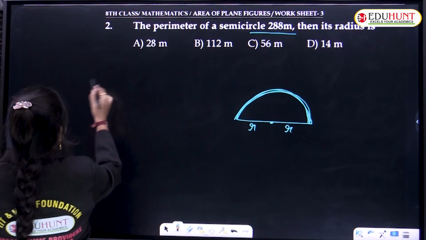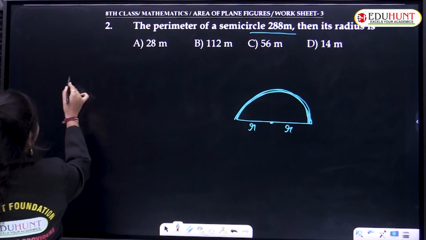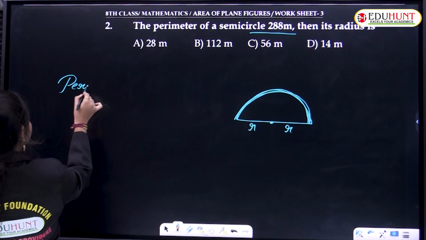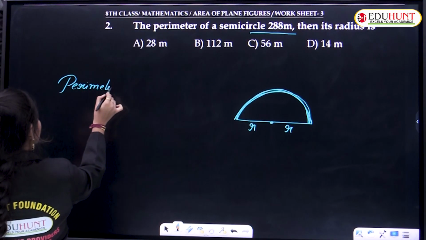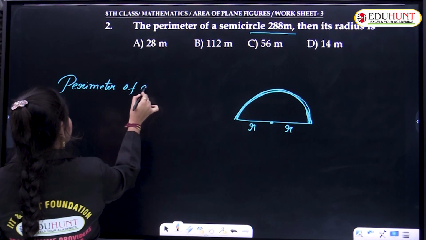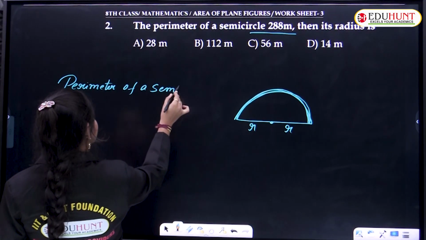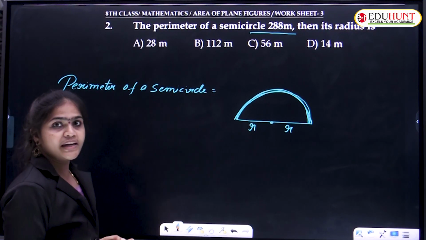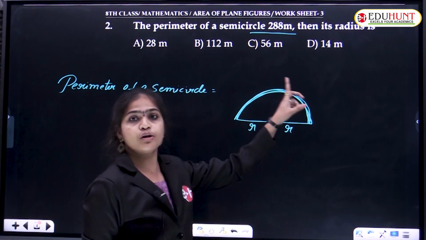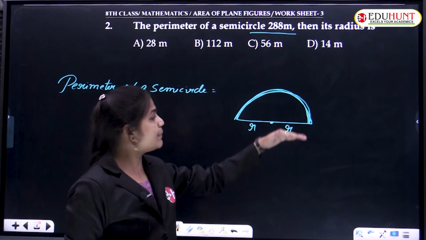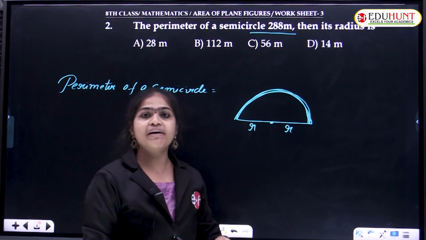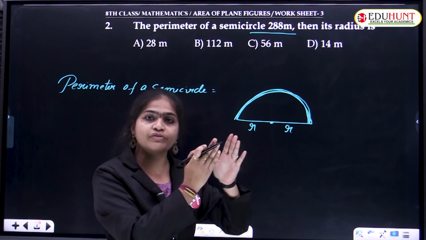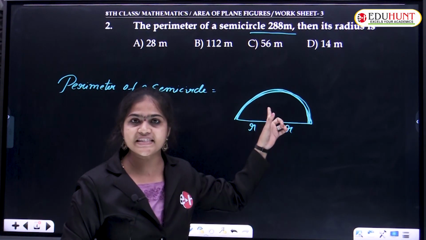Now, the perimeter of a semicircle is equal to the perimeter of a circle by 2. Why? Because if the circle is divided into 2 equal parts, one of the parts we call a semicircle.